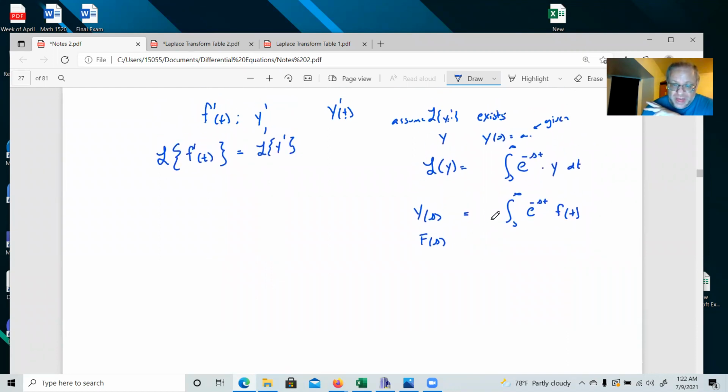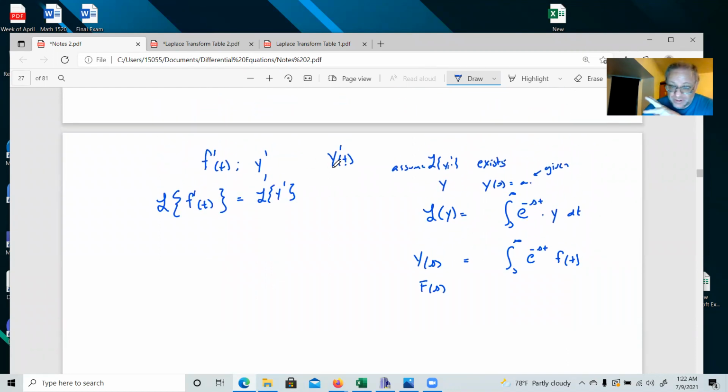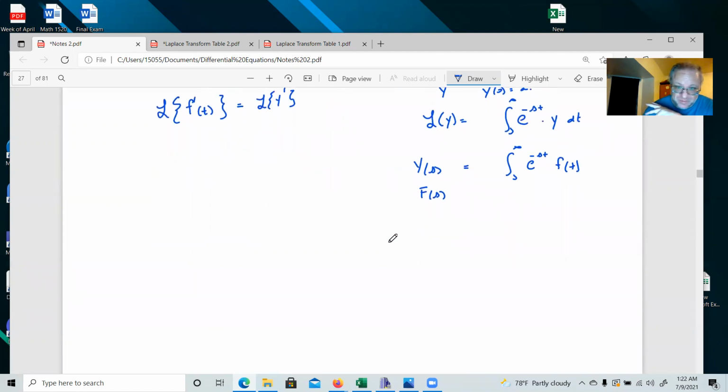So with that out of the way, we're assuming that if we have a derivative of a function, the original function exists. We have to be told what the initial condition is, and we're also assuming that the Laplace transform of this thing does exist. Now, here we go.